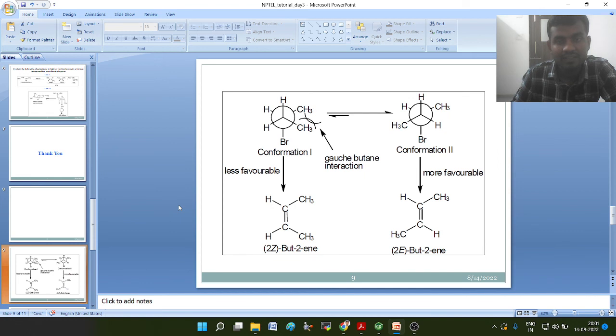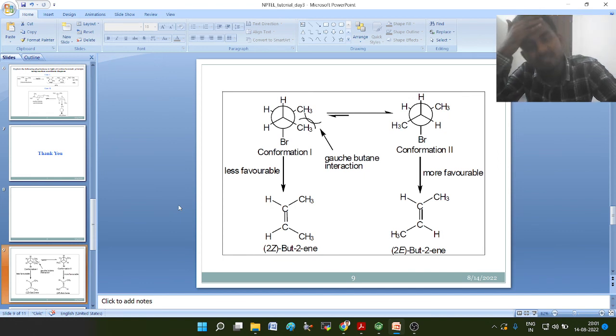See here, it's an elimination reaction, and I think this conformation two will be the most stable conformation. See the equilibrium sign. 80% will be in conformation two. There is no gauche-butane interaction, so it will be the major product. If you want to have more elimination product, it is better to use high temperature.